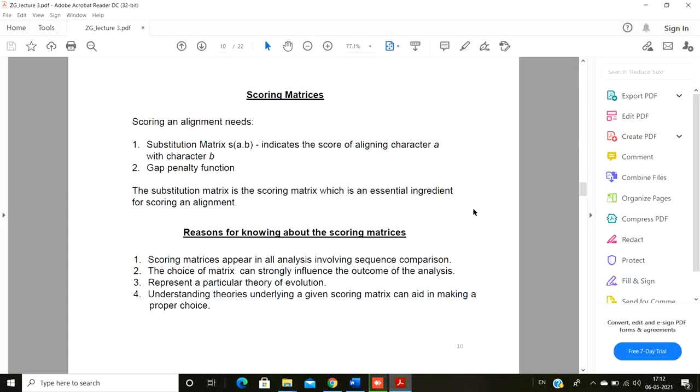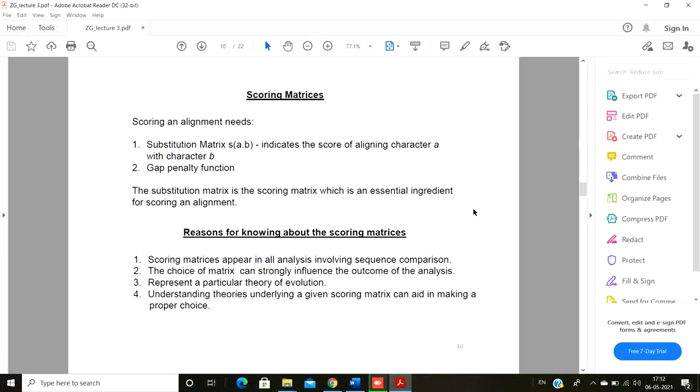Since their chemical properties are mostly the same, they don't generally alter the function or structure of a protein. But that's also a mutation, right? So this kind of mutation, which does not alter the structure or function of the protein to a large degree, is an accepted mutation that does not harm your protein. It does not lead to the destruction of a protein. So these are accepted mutations.